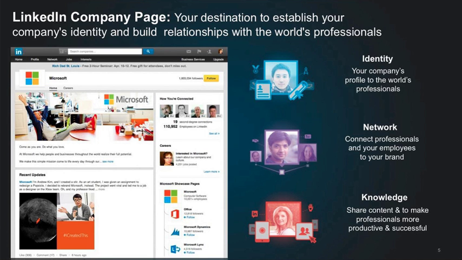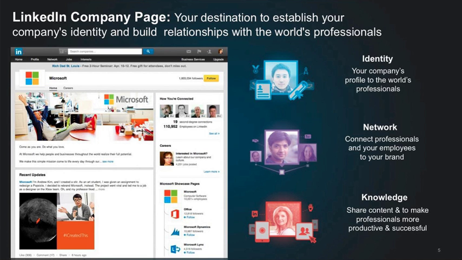So starting with company pages, your LinkedIn company page is essentially your brand hub on LinkedIn. And on this brand hub, there are three main things you should be doing. First, it's your place to establish your brand's identity. As a company page admin, you'll have access to go in and input what your company is, what you do, who you are, what you're about, the products and services that you offer, as well as choose imagery such as the logo and hero image that best reflect your brand.